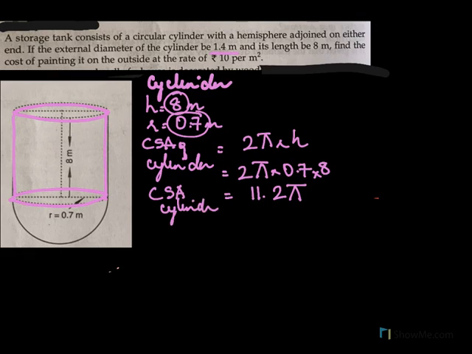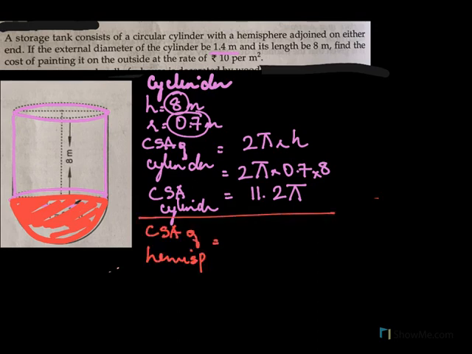Now we go to the lower portion, and now we are going to find the CSA of this hemisphere, this area. So for CSA of hemisphere, you know CSA of hemisphere is 2 pi R square, that is 2 pi. We saw the R here is the same as that of the cylinder, which is 0.7.